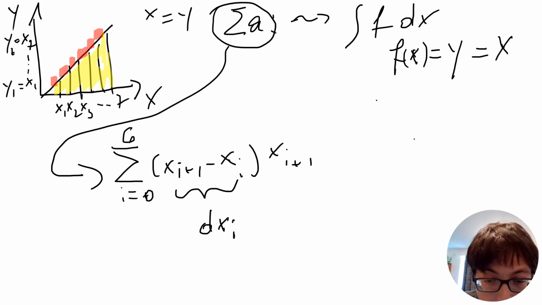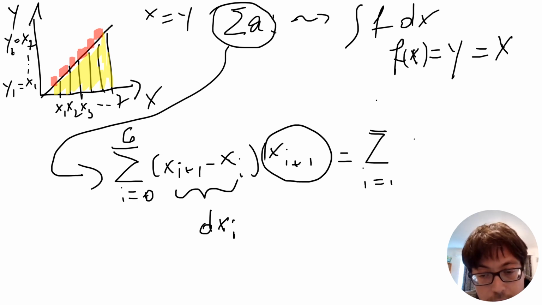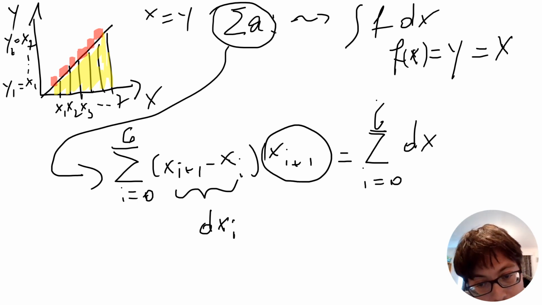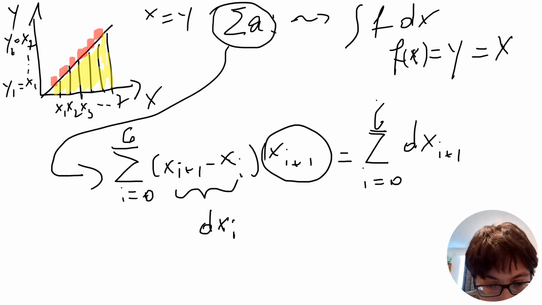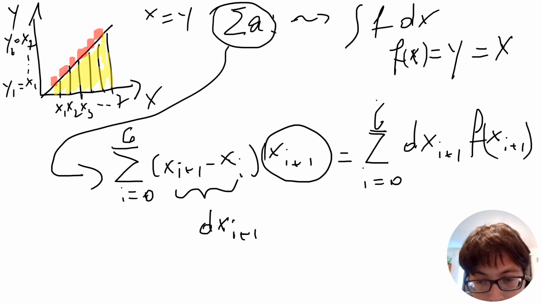So we know that this number here can be thought of as f of x I plus 1. So actually we can write this from 0 to 6. This can be written as x I plus 1. Let's stick with the correct numbering. And this is f of x I plus 1. Now I changed the order, but you can see that the bits are there, right?